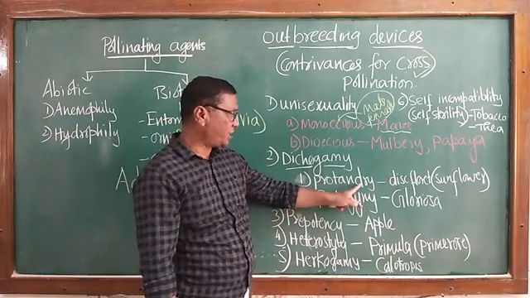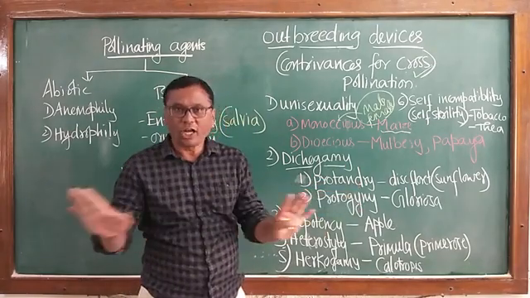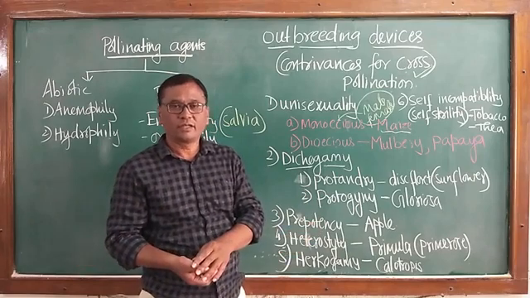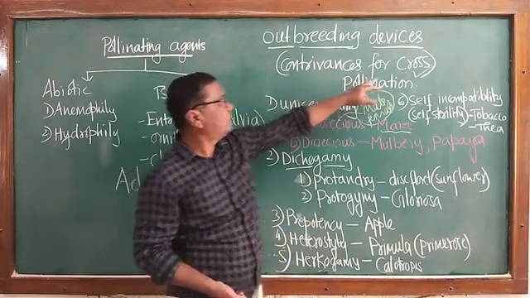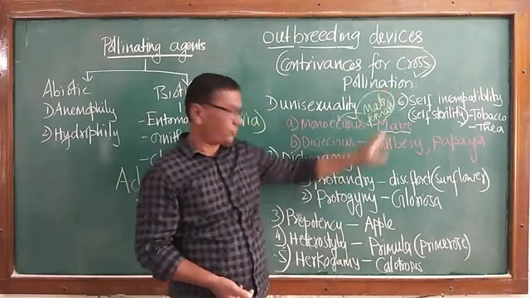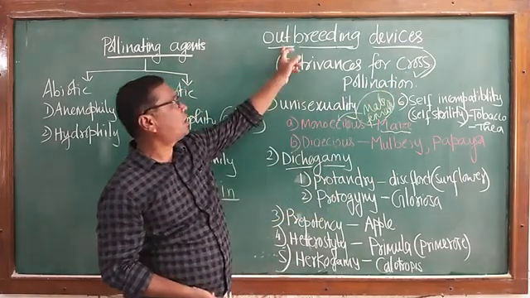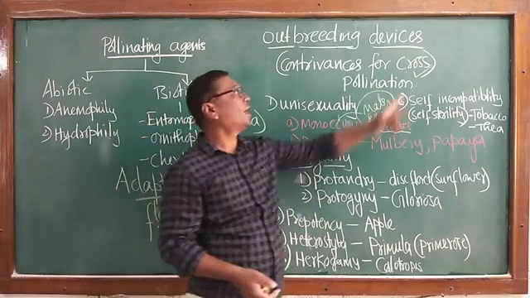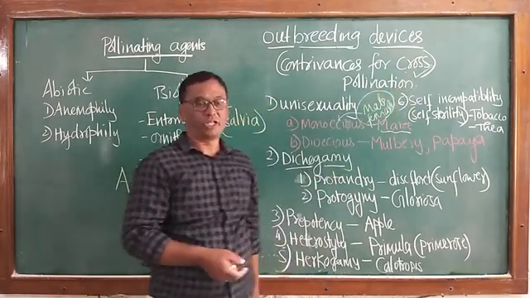Hence, protandry does not allow self-pollination. It favors cross-pollination. Therefore, protandry is an outbreeding device. For what? To achieve cross-pollination.